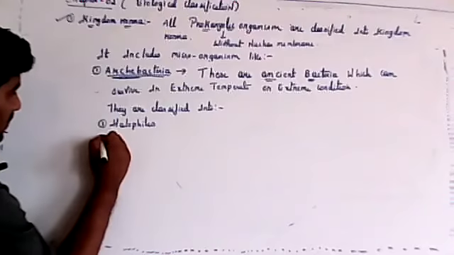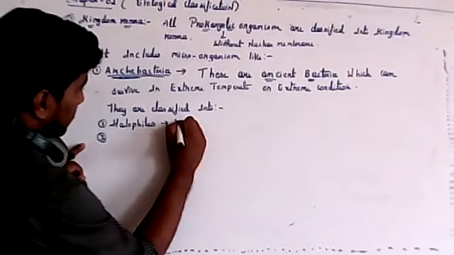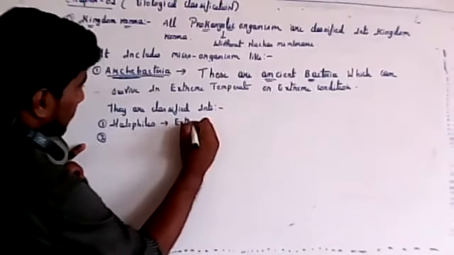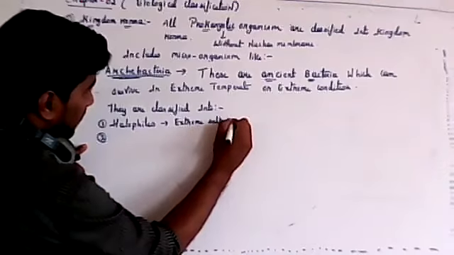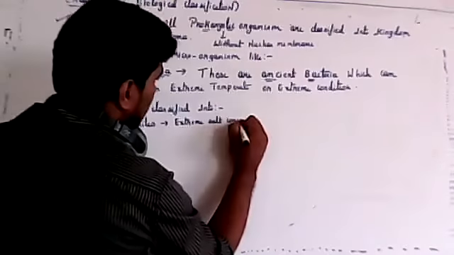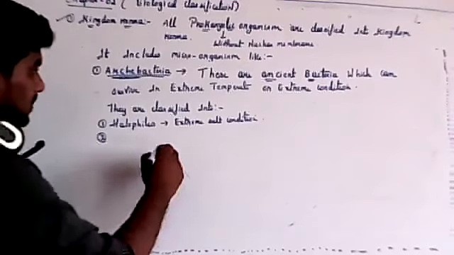Halophiles means those which stay in extreme salt conditions. In some locations, like the oceans, extreme salt conditions are present, and they can survive in them.